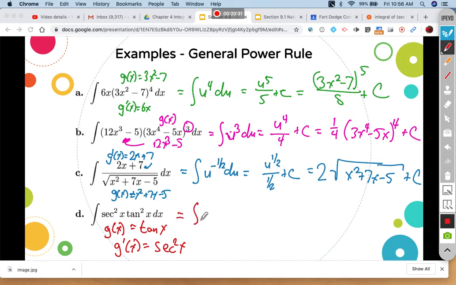So we're looking at the integral of u squared du is going to be 1/3 u to the third plus c. So that is going to be 1/3 times the tangent cubed of x plus c.